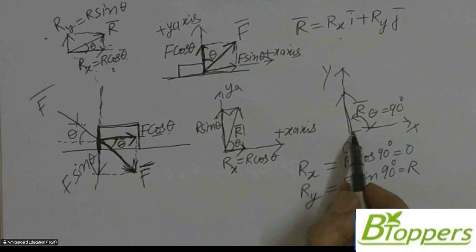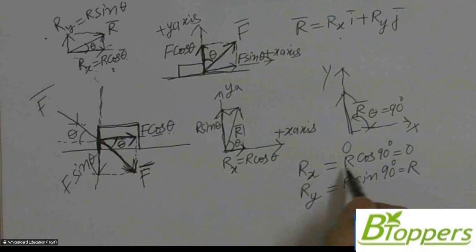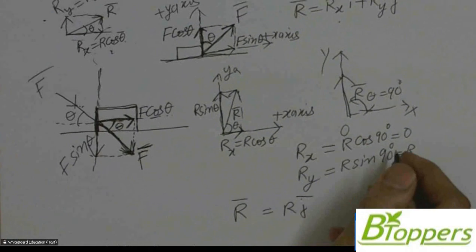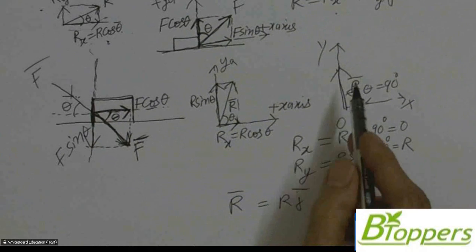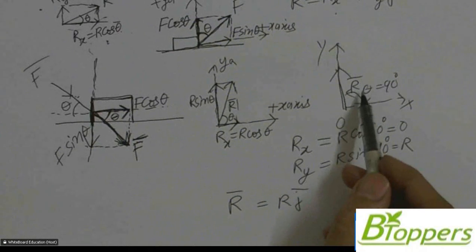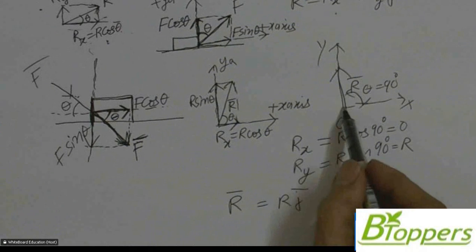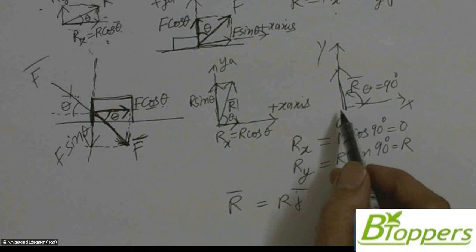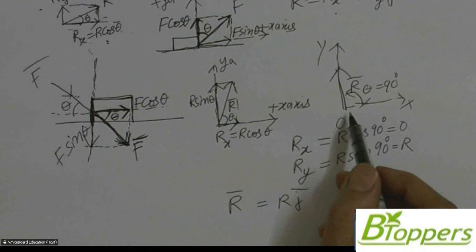So in this figure, when vector R bar acts along y-axis, Rx is 0, Ry equal to R. So R bar you can write as R j bar. That means if a vector is directed parallel to the y-axis, then we can say that its rectangular component along the x direction is 0.